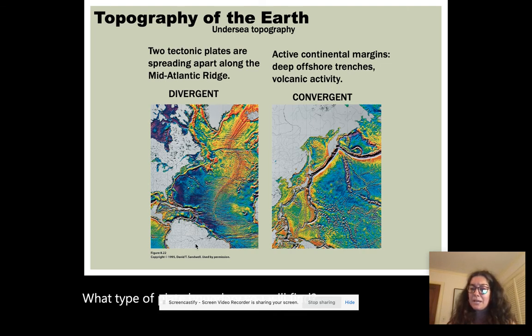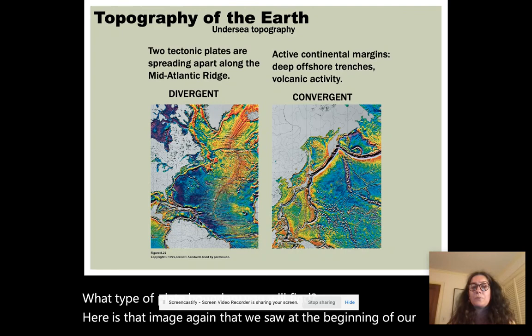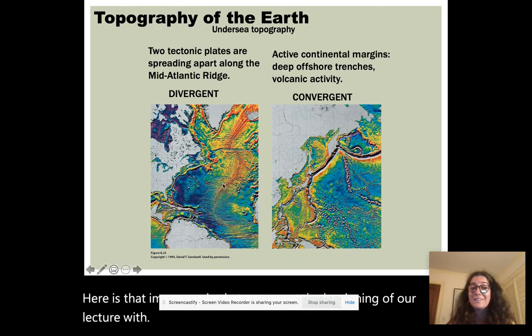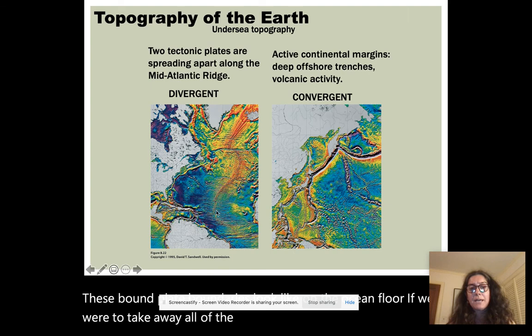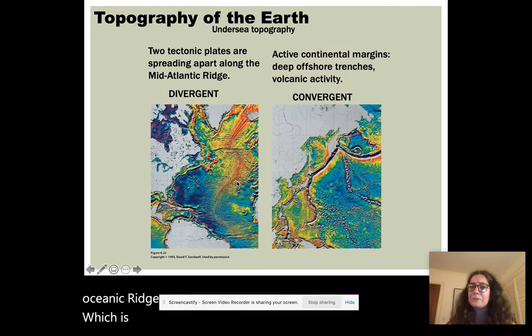Here is that image again that we saw at the beginning of our lecture, showing what these plate boundaries look like on the ocean floor if we were to take away all of the water. So here again we have the mid-oceanic ridge, which is a ridge of oceanic plates that are pulling apart from each other. We call that a divergent plate boundary.